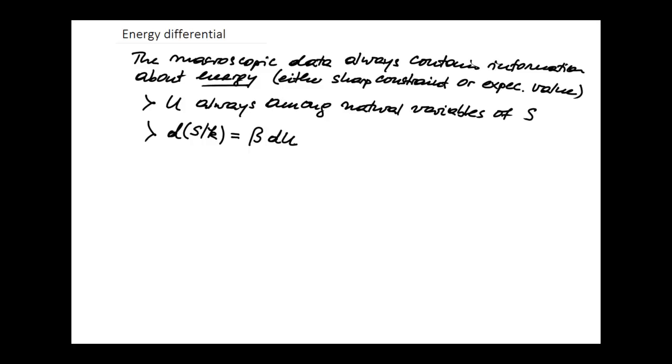So we always have the structure beta dU, plus all the other natural variables, which are not specified, with contributions of the form partial of the entropy with respect to x, dx.